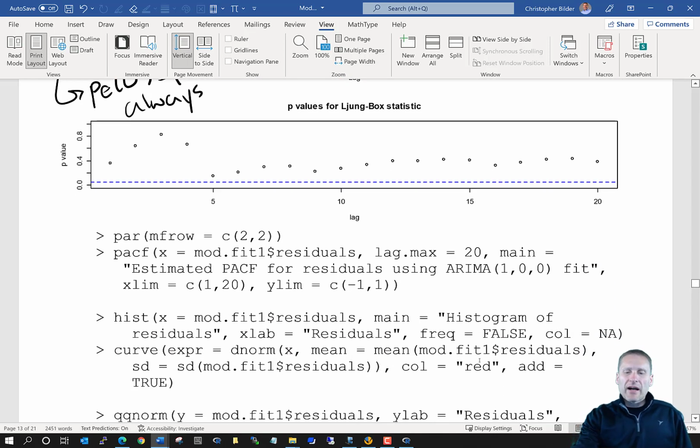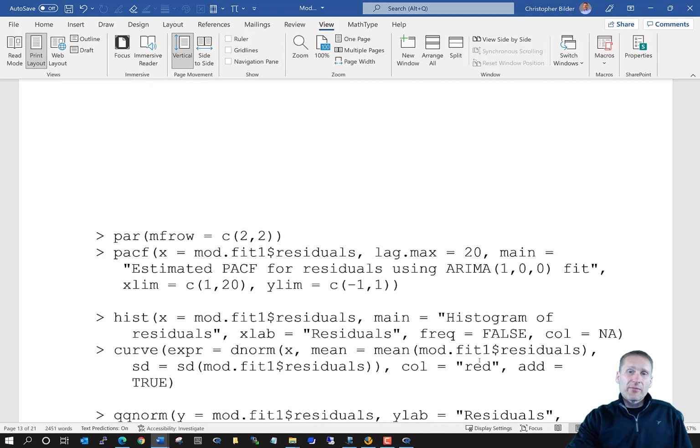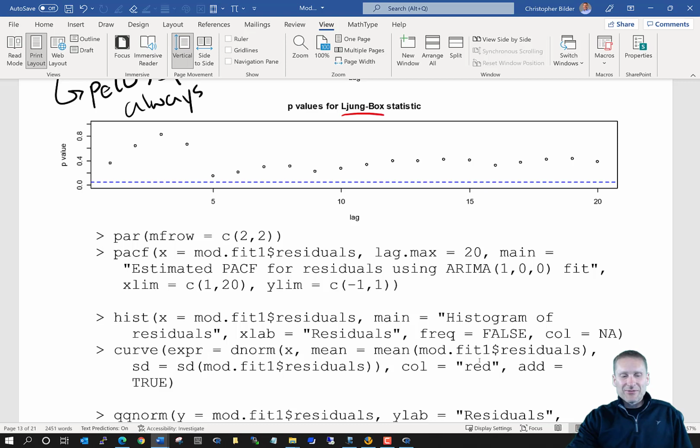Then we have the Ljung-Box Pierce tests. Unfortunately, I guess R decides to drop off Pierce and just do Ljung-Box. What we have here is the lag on the x-axis, like what we would have for an ACF plot. On the y-axis, we have the corresponding p-value for doing a hypothesis test.